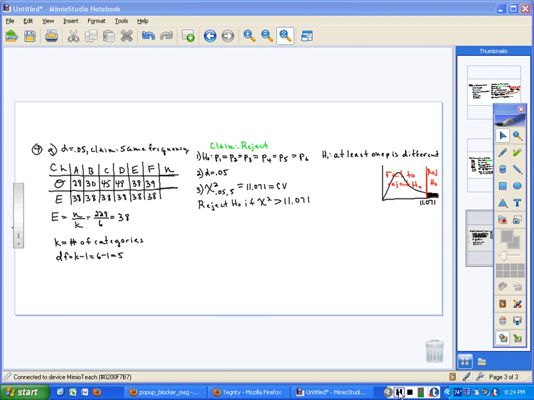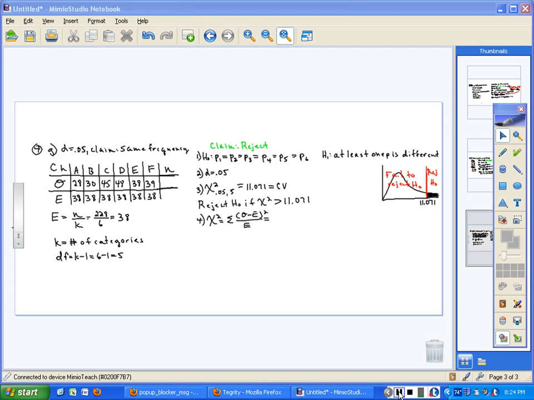Okay, step 4, the test statistic. Chi-squared is equal to summation, parentheses, observed minus expected squared over expected. So what we're going to be doing is adding fractions. I thought I only had 4 fractions, I've got more.